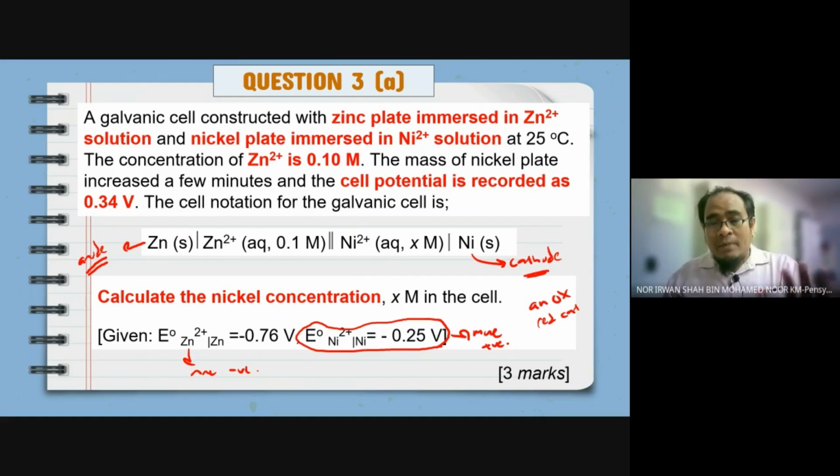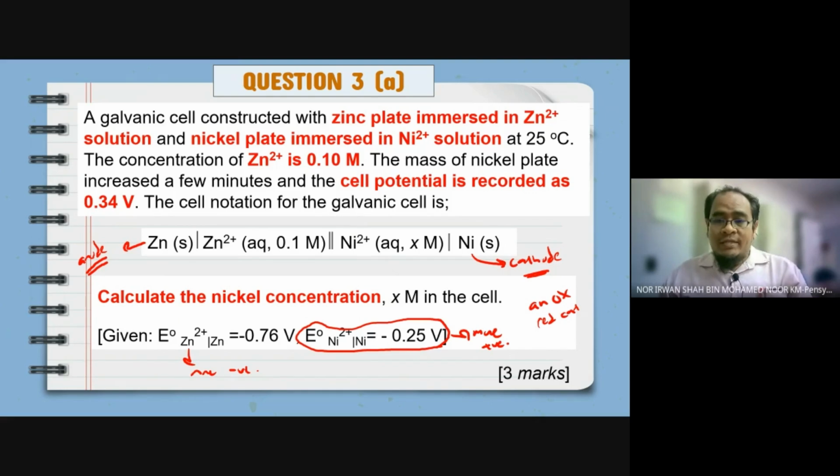Yang sebetul-betulnya, kita tengok pada more positif, more negatif. Dalam kes zinc dengan nikel, zinc adalah more negatif dia punya value. Nikel walaupun dia negatif 0.25, tapi nilai negatif 0.25 itu adalah more positif dari negatif 0.76.